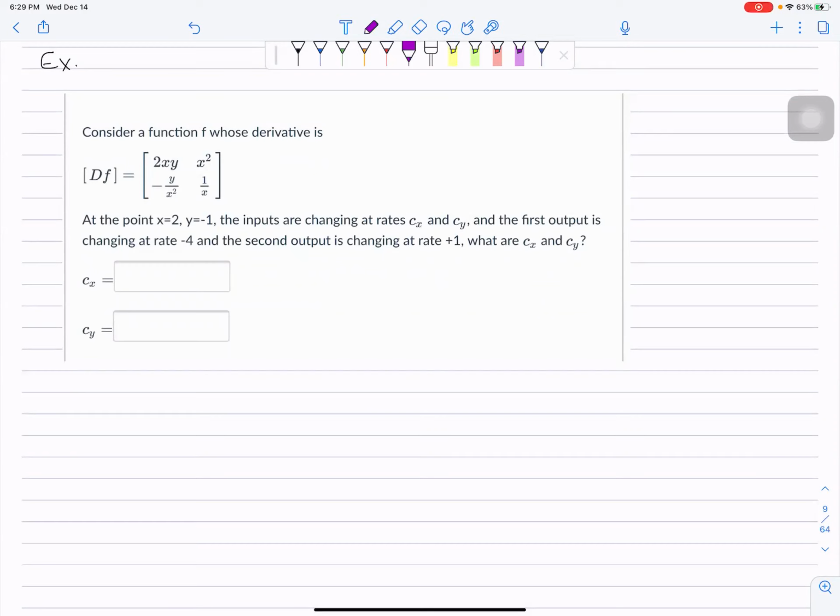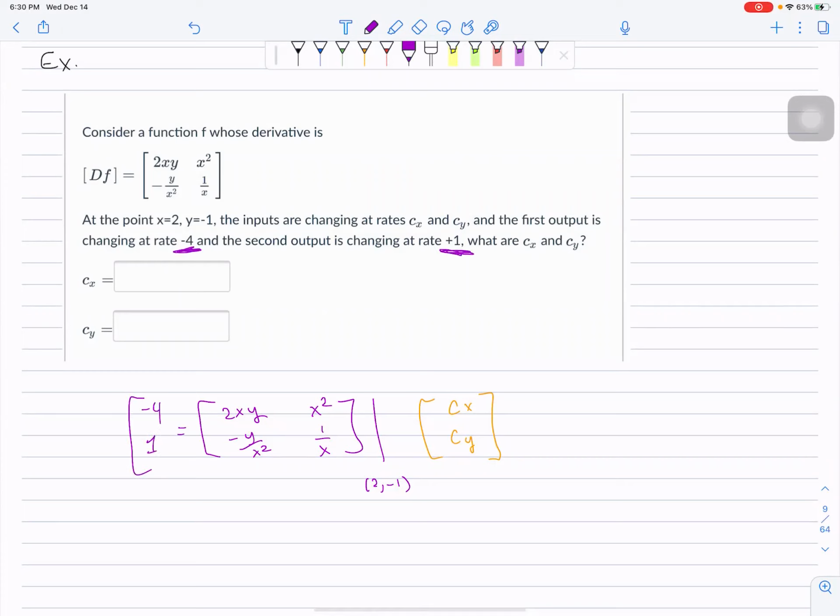Okay, so we have the derivative matrix at my specific point, which they tell me is 2, -1. I want to find the rates of change of inputs, Cx, Cy. And they tell me the rates of change of outputs. Well, the first output, they say it's -4. Second output, they say is 1.